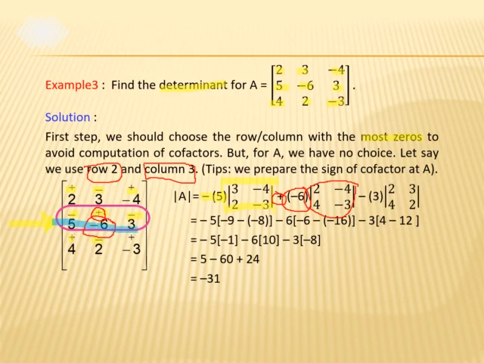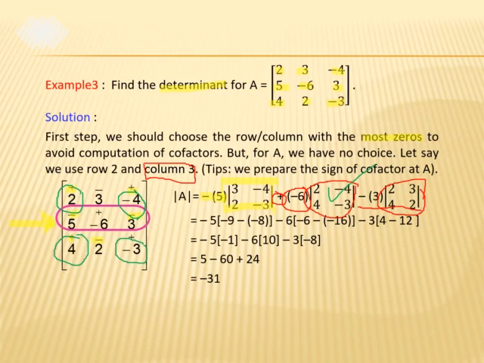So left to you 2, -4, 4, -3. This one. And then next entries is 3. So -3 and then the minor.